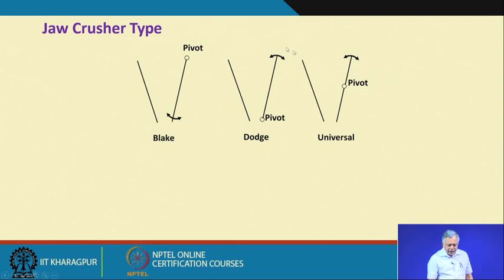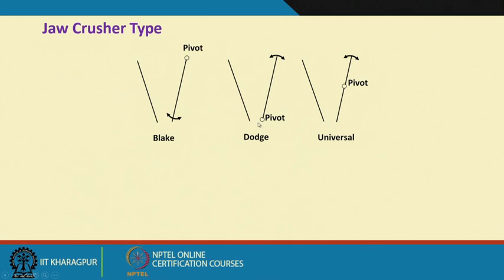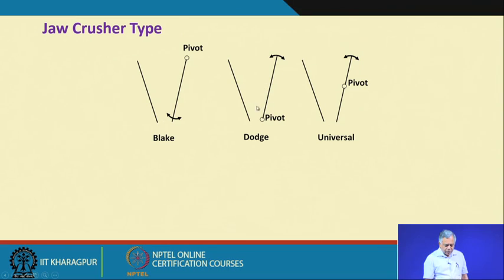So, normally in a laboratory crushing operation, where we want a particular size reduction for a very small quantity of material, we use a Dodge type of jaw crusher. For industrial scale operation, if I use this type of crusher, there is a chance that my crusher may be choked here, that is, a particle that is bigger than this size may not be broken further.